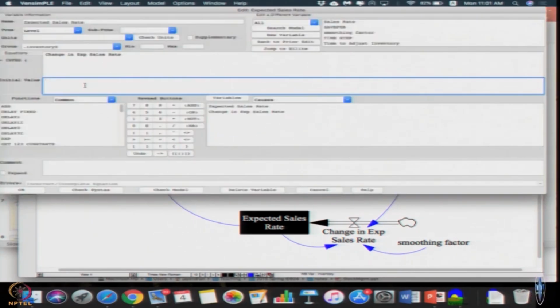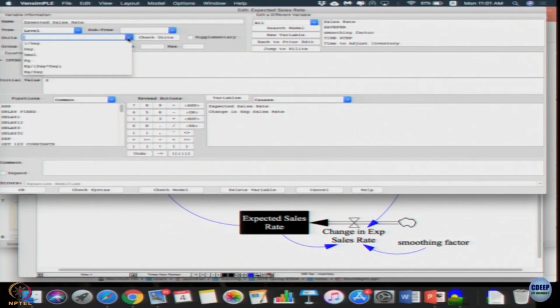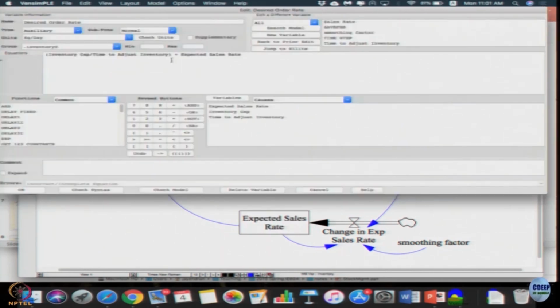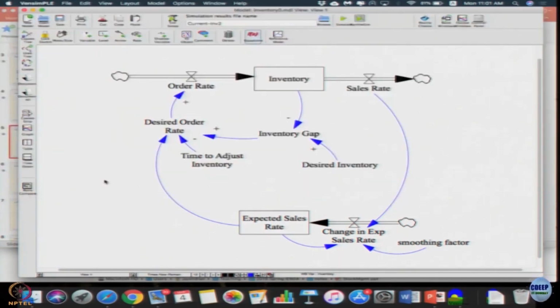Expected sales rate: initially sales is 0, so we can have the expected sales initial value as 0. The units of that will be kg per day, but desired order rate continues to remain the same as expected sales rate plus what was the adjustment in the inventory. So, that equation does not change, but you just have to open it and check it again.